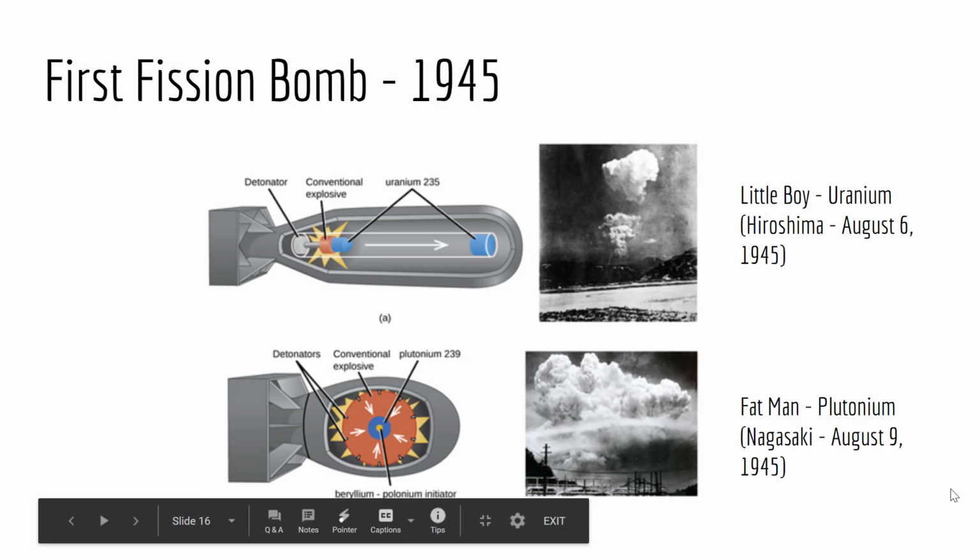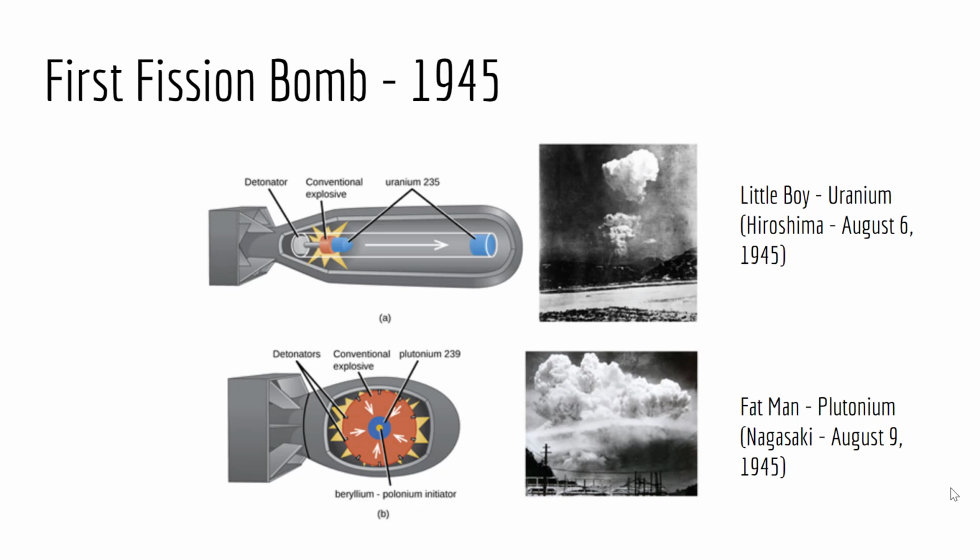This one was a uranium-235 bomb, and they had two different pieces that were subcritical. At a certain height above the ground, the detonator went off and combined these two masses, and then a big fission nuclear explosion occurred.